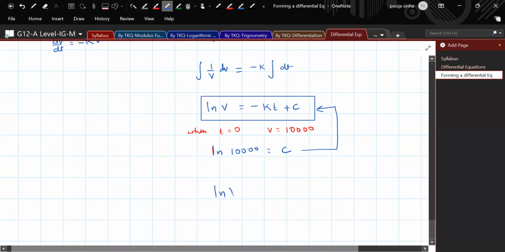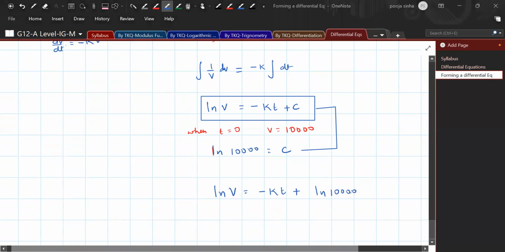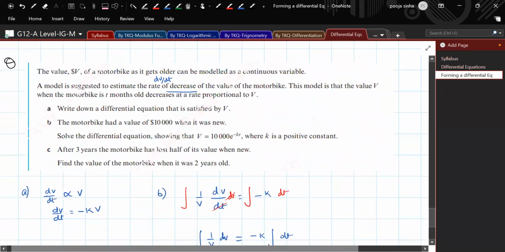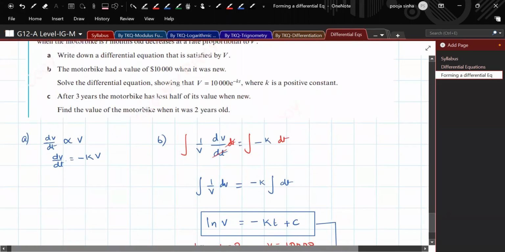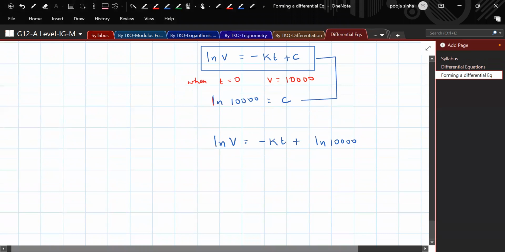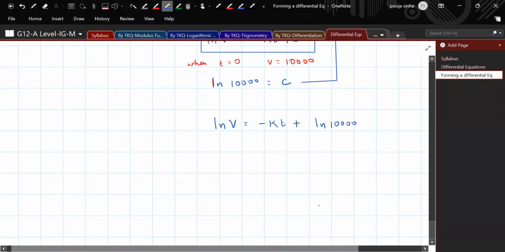So ln V is equal to minus kt plus ln 10,000, right? अच्छा, क्योंकि it has asked us to find out this, V is equal to, right, this part. So how do we do this?